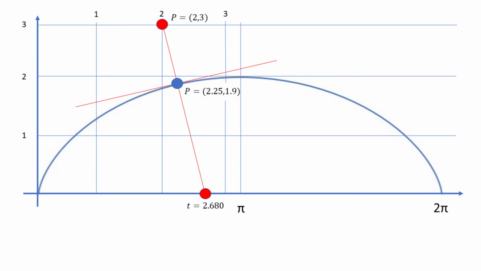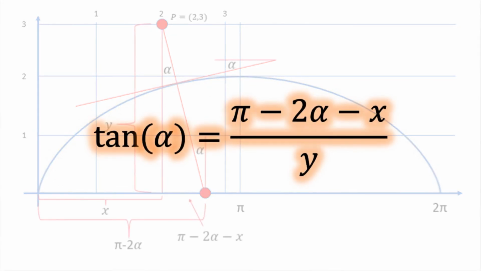So again, the base formula for all this is tan of alpha equals pi minus 2 alpha minus x over y. You're given pi, which is 3.14, etc. You're given x and you're given y. The Newtonian method will take the tan of alpha and the actual alpha on the other side of the equation and make sure that it becomes equal to itself within the parameters of pi, x, and y. That's the idea here, but this is the base formula.